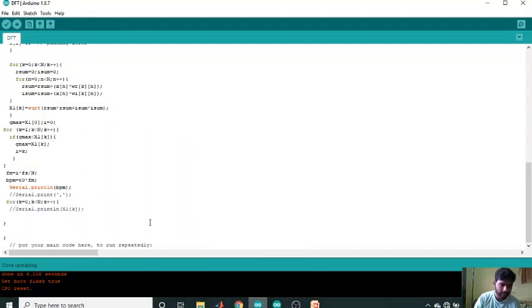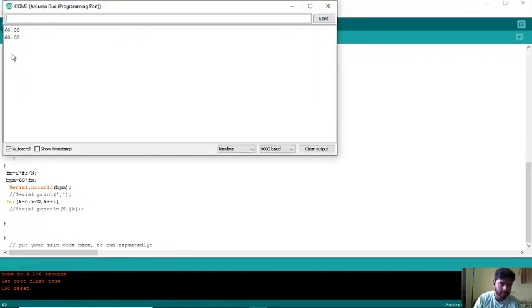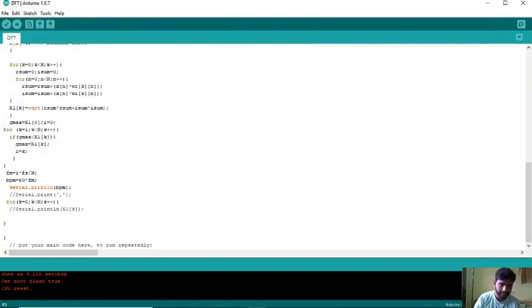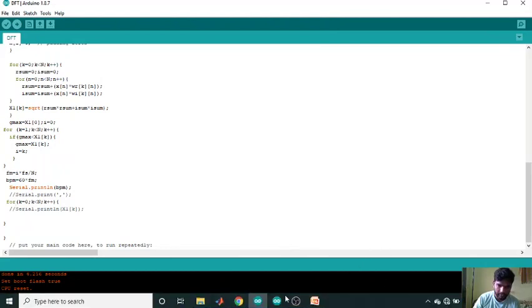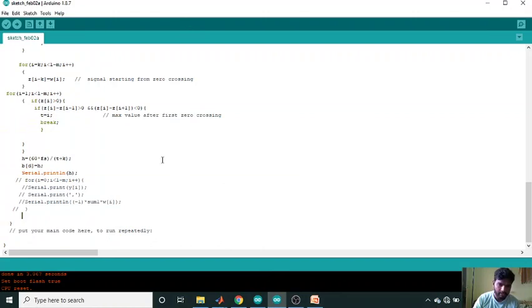I'll show the output of this code. As I said, this is 60 BPM. We got 60 BPM using DFT. Now we will see what we get with the autocorrelation method.